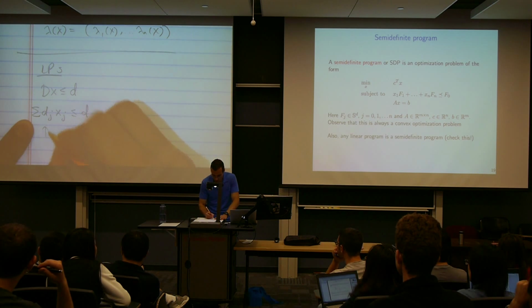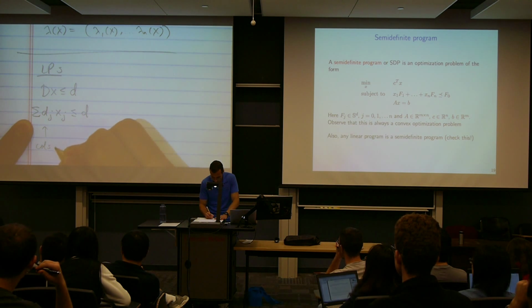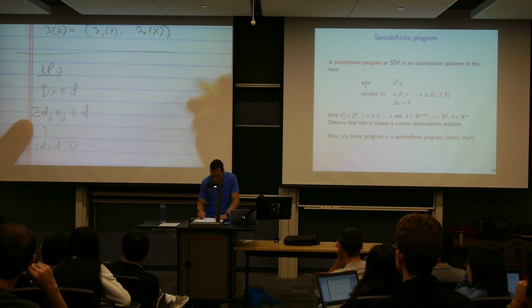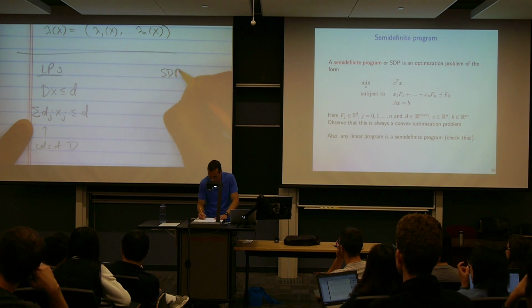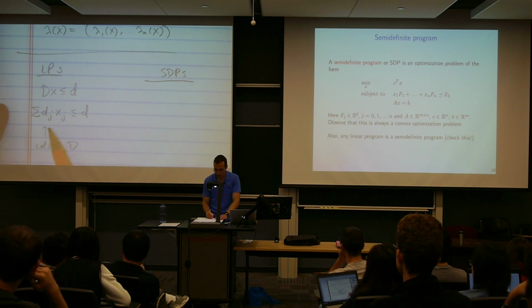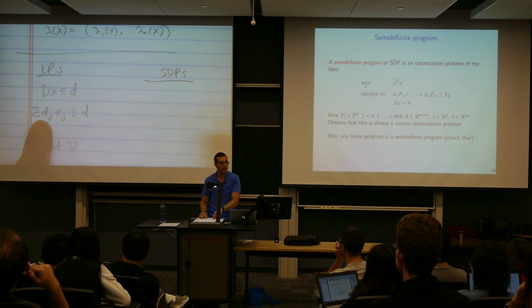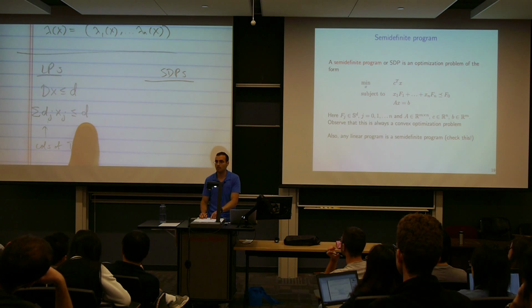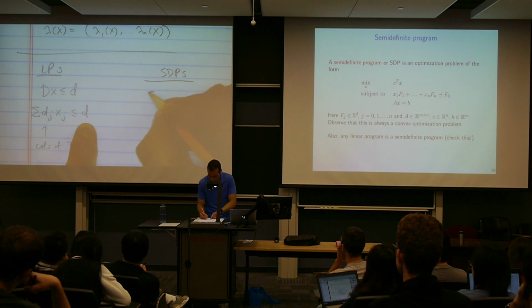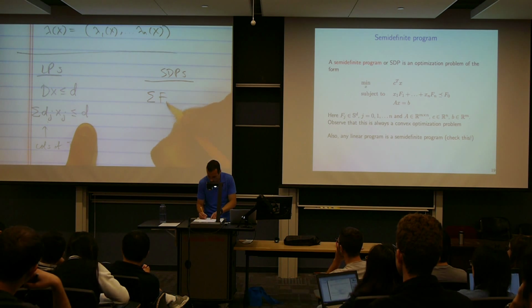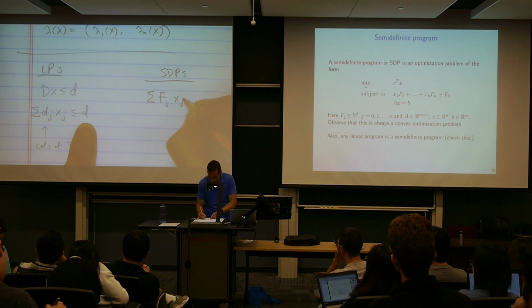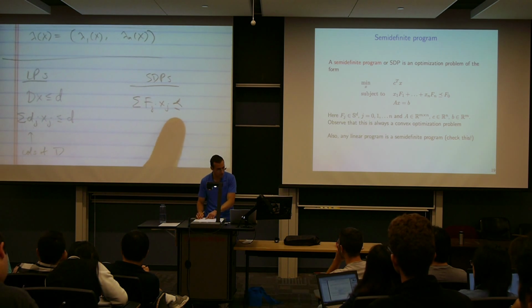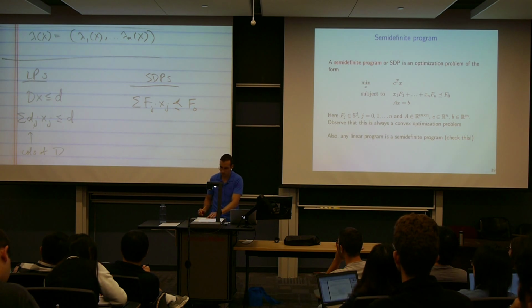So these are the columns of D. For SDPs, I've just replaced each of these dj's and this D with a matrix. That's all I've done. So I've called them F. And now I say matrix less than or equal to, according to our order of matrices, another matrix F0.